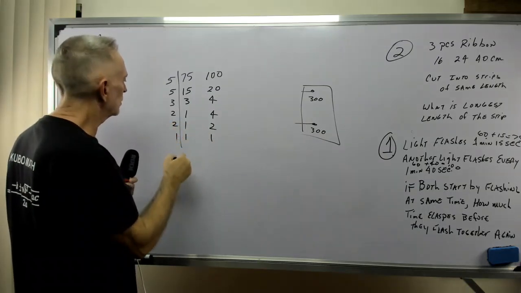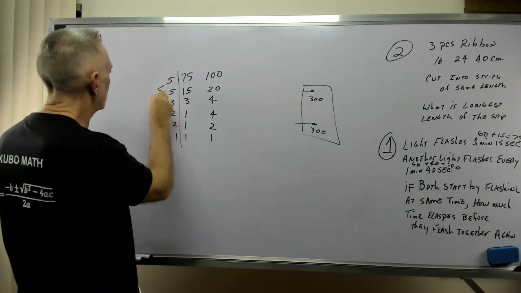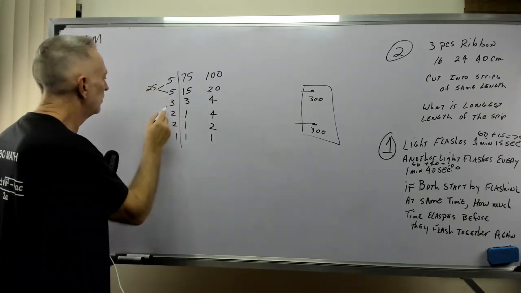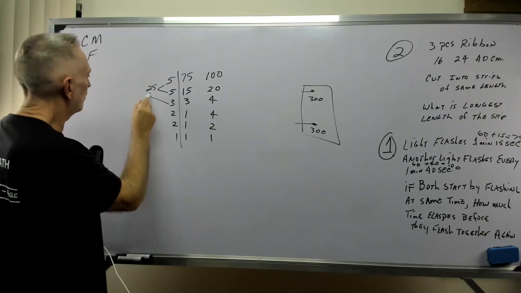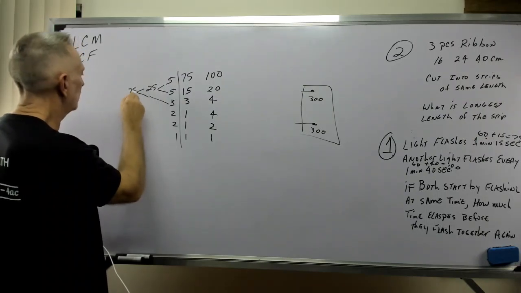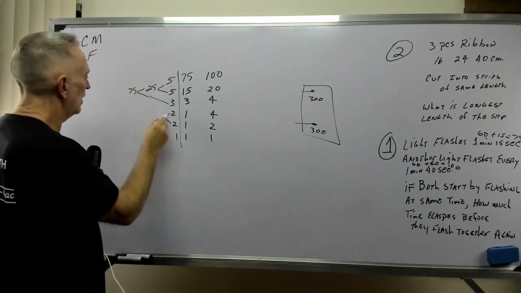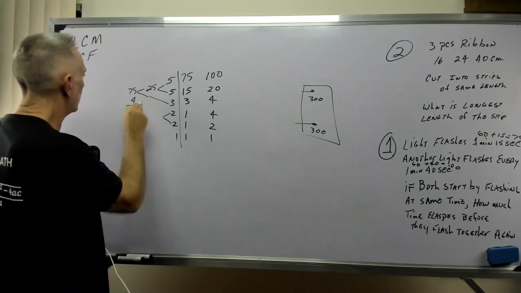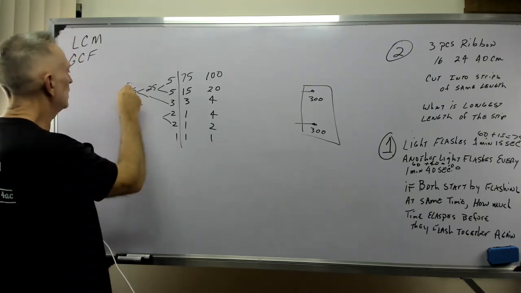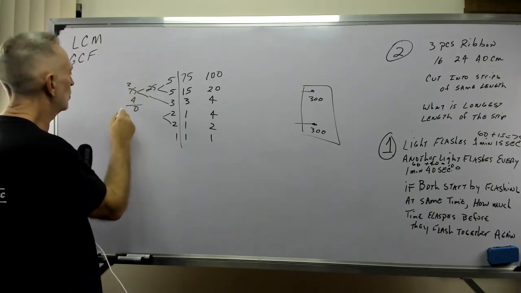Bring the 1s over. Now then, 5 times 5 is 25. 3 times 25 is 75. 75 times 4. 4 times 5 is 20. 4 times 7 is 28. 29, 30.